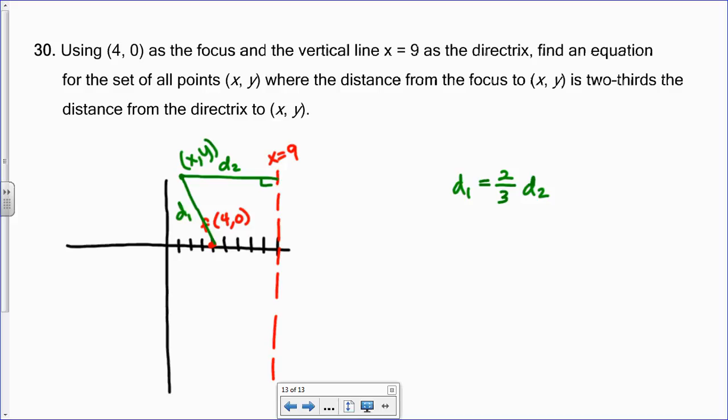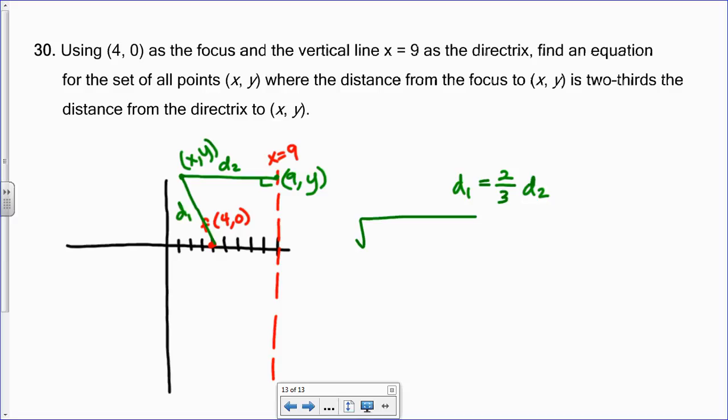Okay, I need the ordered pairs, so help me label this point here. What's the x coordinate here? 9. And the y coordinate? Y. Yes, good. Alright, so distance 1. I'm going to start from my xy when I write out these distances.